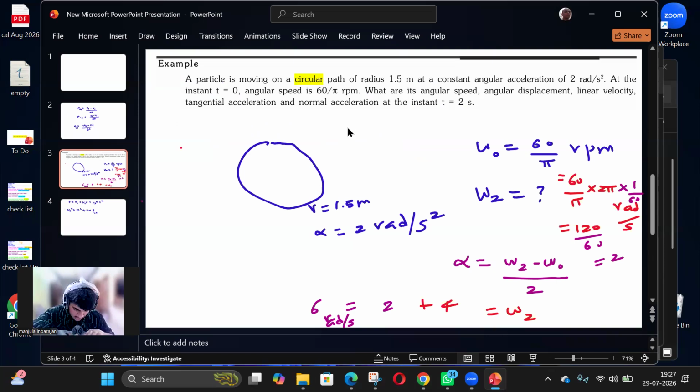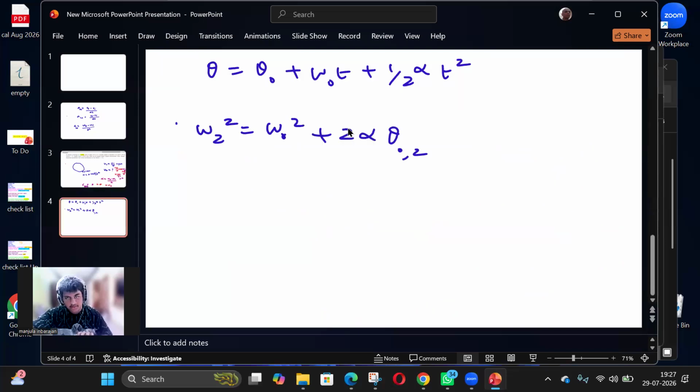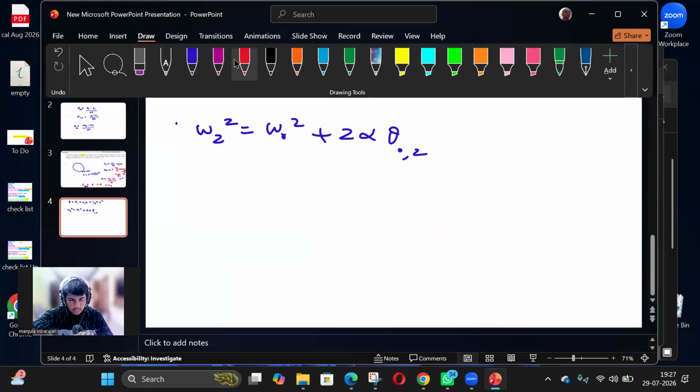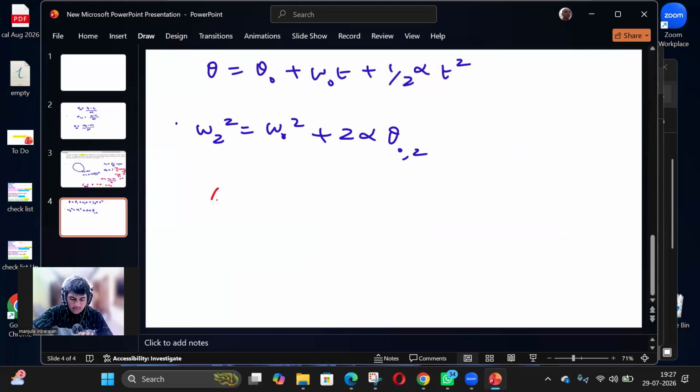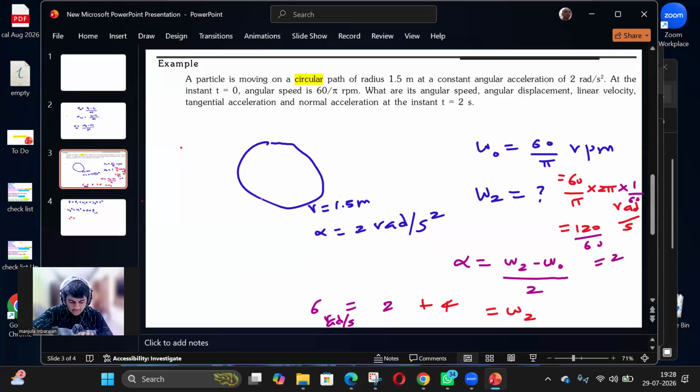So for angular displacement theta, omega 2 square is 6 square. Don't skip the steps. Omega 2 square equals omega 1 square plus 2 alpha theta, which is 6 square.